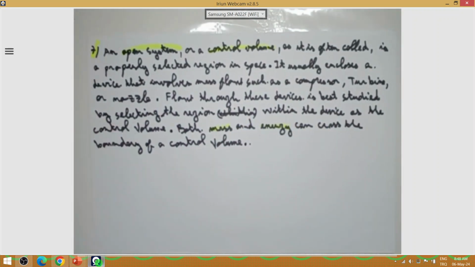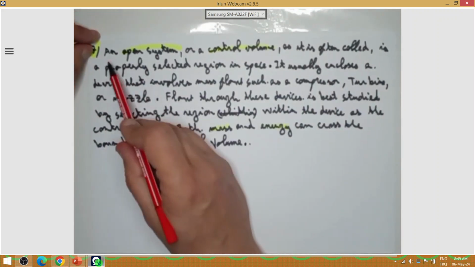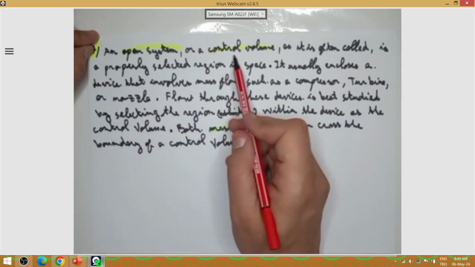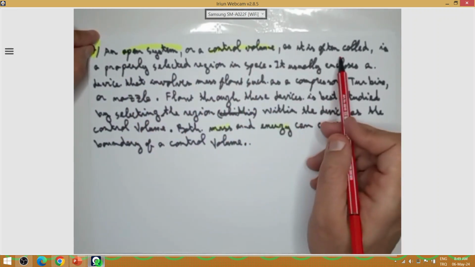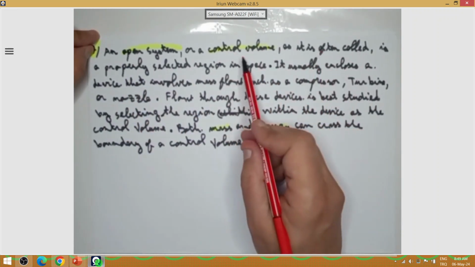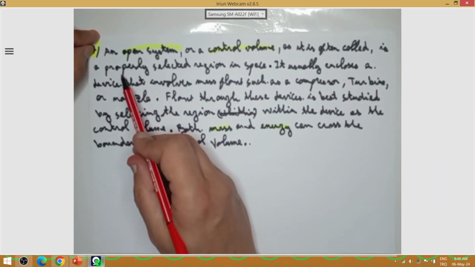So let's try to understand this. Here we say that an open system or a control volume, as it is often called, is a properly selected region in space.